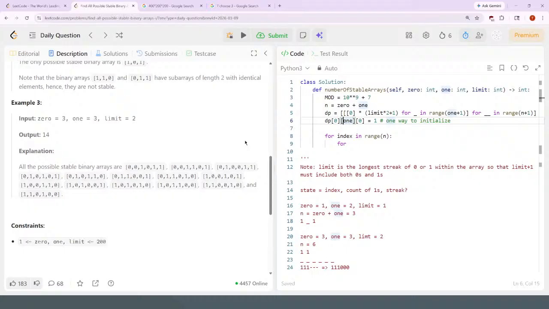On index 0, I have still the full 3 ones to be used. And my current streak is 0. So for every used 1 in range, I guess it'd be 1 to 1, 1 to 1 plus 1.